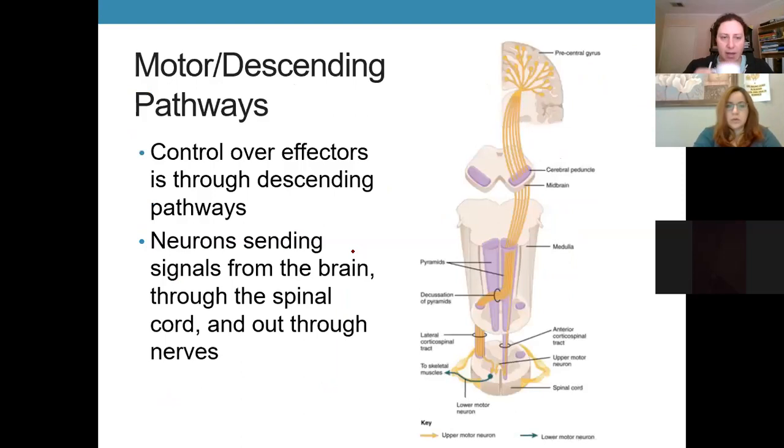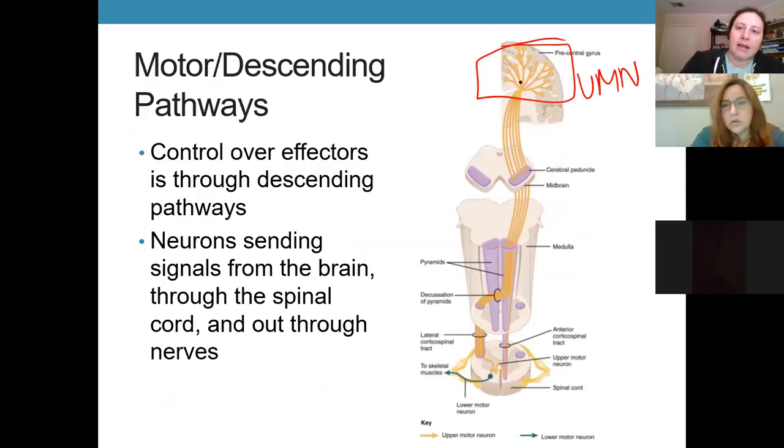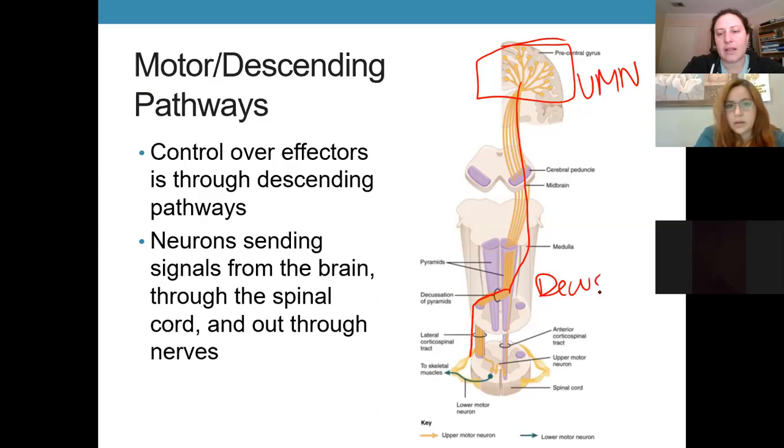So here's the diagram of that. So somewhere up here, we have an upper motor neuron. And we're still crossing over at some point. Okay, so we're still having decussation. And then we're going to synapse right here, and then out we go to the skeletal muscles.